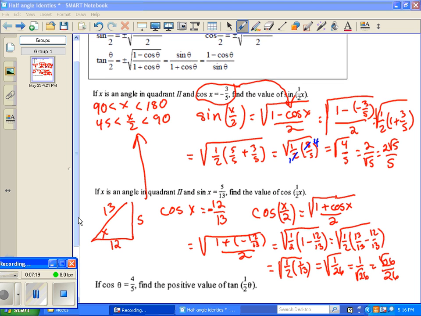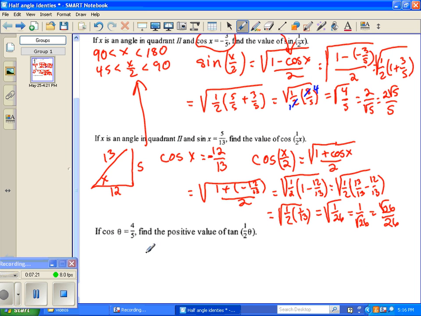Okay, the last problem I'm going to do is with tangent, because I want to show you all three of the half angle formulas. So they give us cosine again. Now for tangent, we're going to need both sine and cosine. So I'm going to do my triangle real quick.